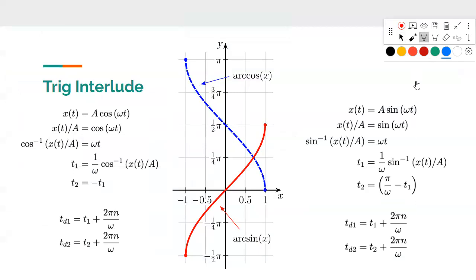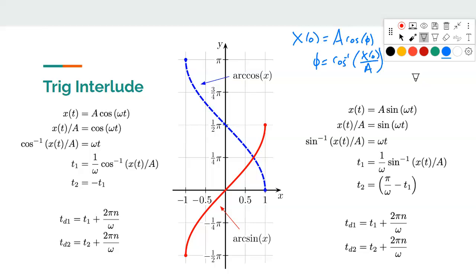When you're trying to find phi, you'll have to set your initial position equal to a cosine phi, because that omega t at time 0 will go away. And so to actually find phi, you're going to have the inverse cosine of x initial over the amplitude. So this is one case where you'll want to solve for the inverse.